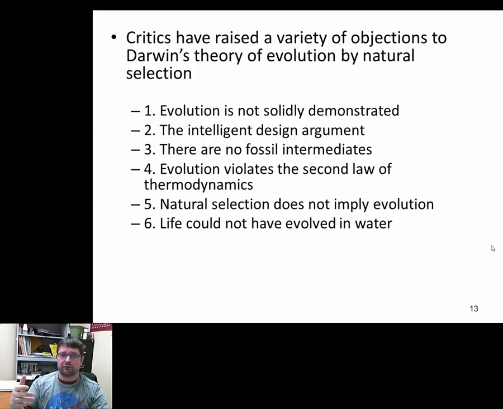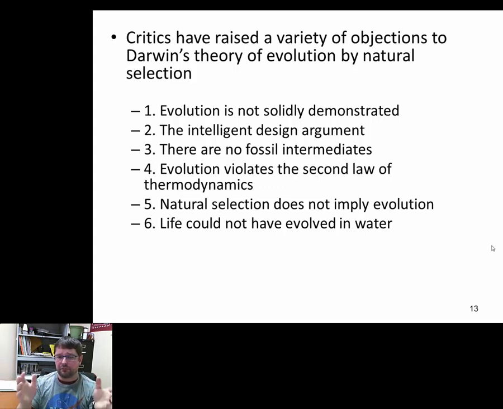Another is that evolution violates the second law of thermodynamics, which is that entropy increases over time. So disorder increases, but evolution actually suggests that things are not getting more disordered, but rather they're becoming more orderly. Okay?